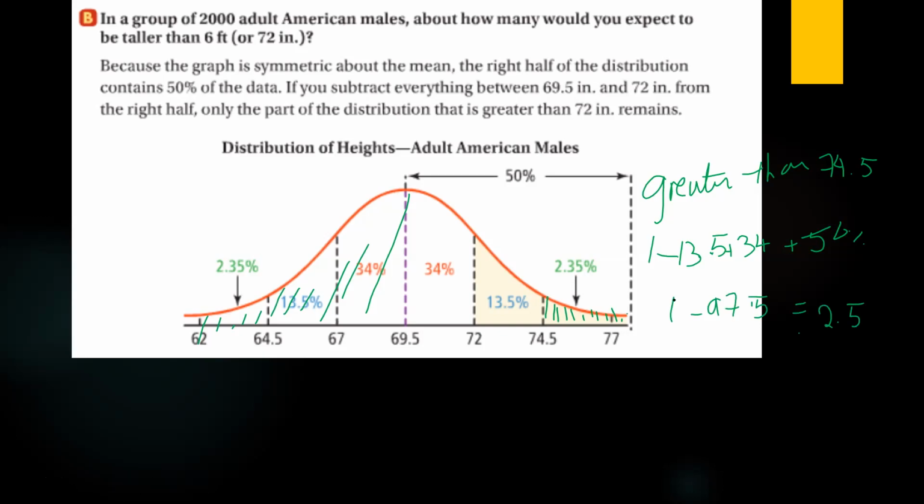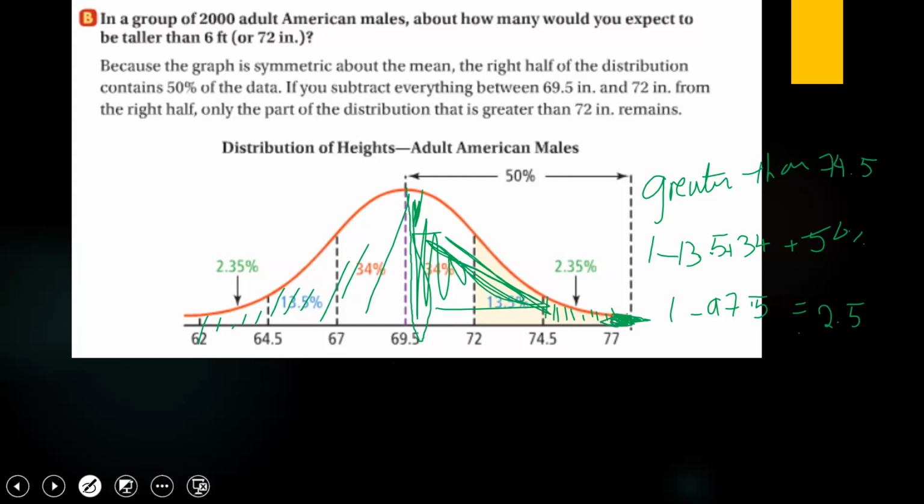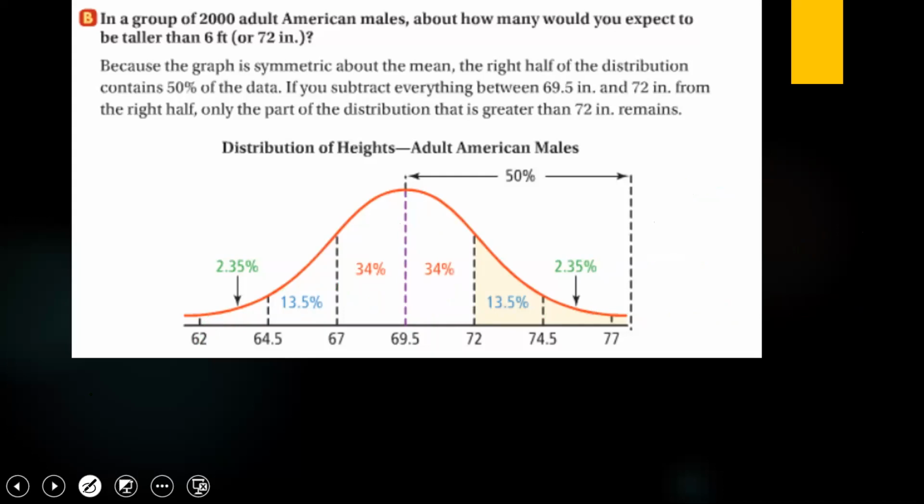Teacher, why don't we just say it's 2.35? I told you here you have a small shaded area whose area is unwritten. The area under the curve above the mean is all 0.5.